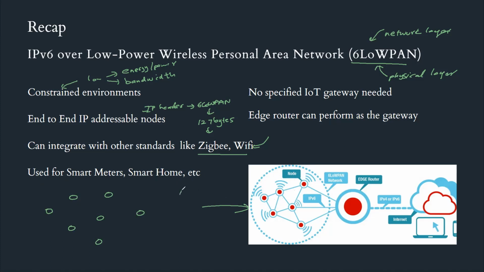If we take the main infrastructure to be the cellular infrastructure, this is the base station or the gNB, and then this gNB is connected to the core network through fiber cables or any other medium.